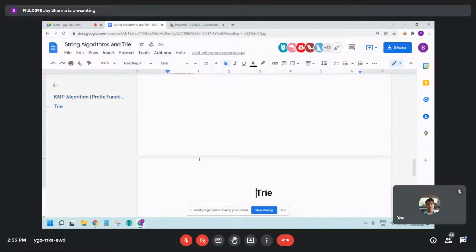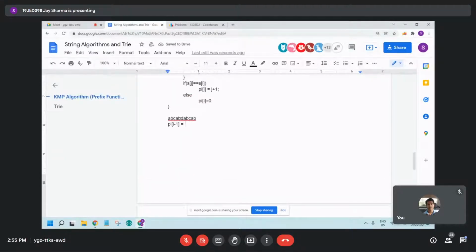Now in this case you are having pi of I minus 1, that is what's the value of pi for this string? I think this is 5, right? Because abc is a common prefix which is also a suffix, and you cannot include this d. So this value is 5.